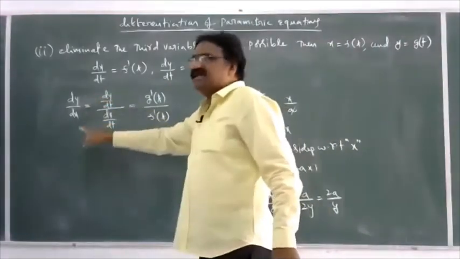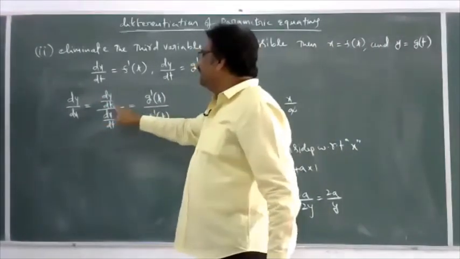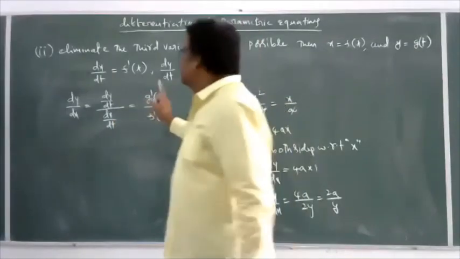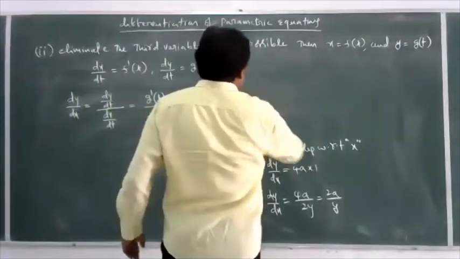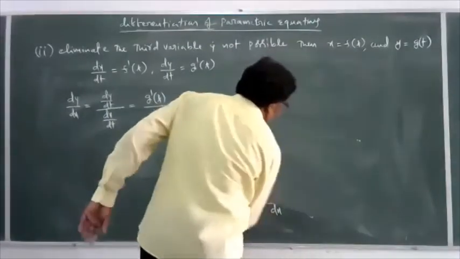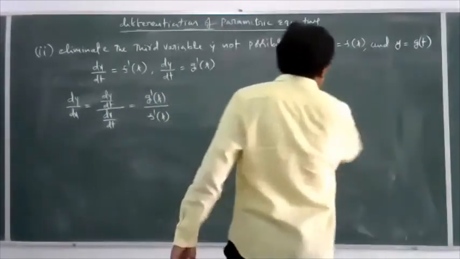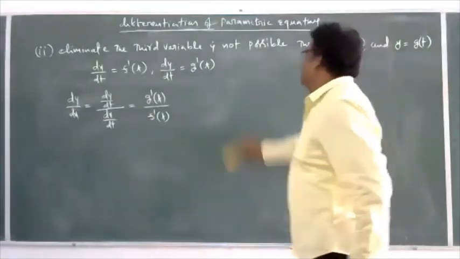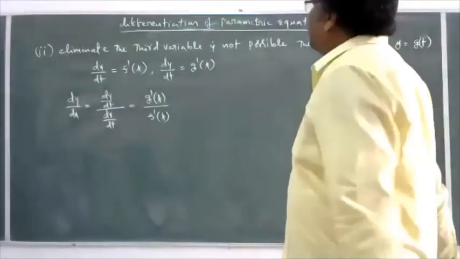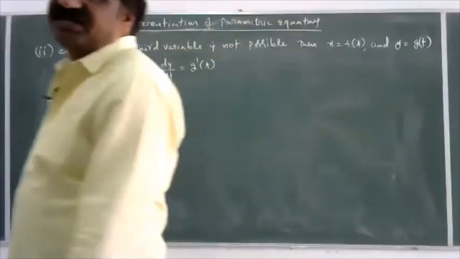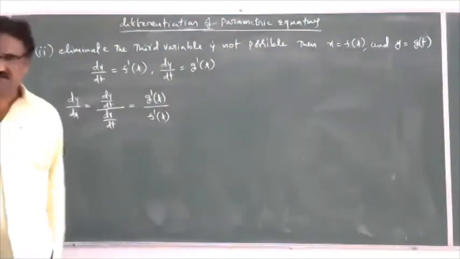So dy by dx is nothing but dy by dt by dx by dt, which gives g dash t by f dash t. This is the second process. By using these two ways, we differentiate the given parametric equations or parametric functions.